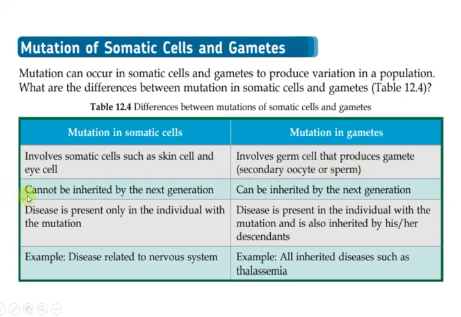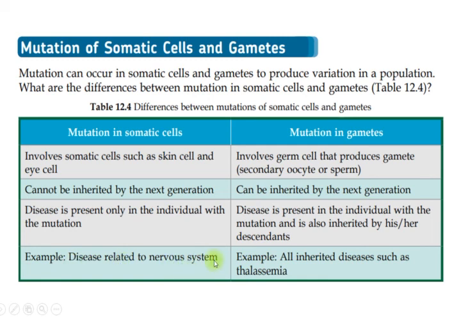Mutation in somatic cells cannot be inherited by the next generation, but mutation in gametes can be inherited by the next generation. With mutation in somatic cells, the disease is present only in the individual with the mutation. But with mutation in gametes, the disease is present in the individual with the mutation and is also inherited by his or her descendants. An example of mutation in somatic cells is disease related to the nervous system.